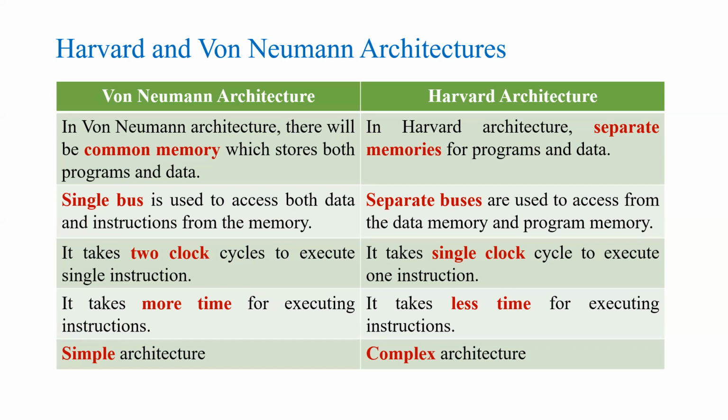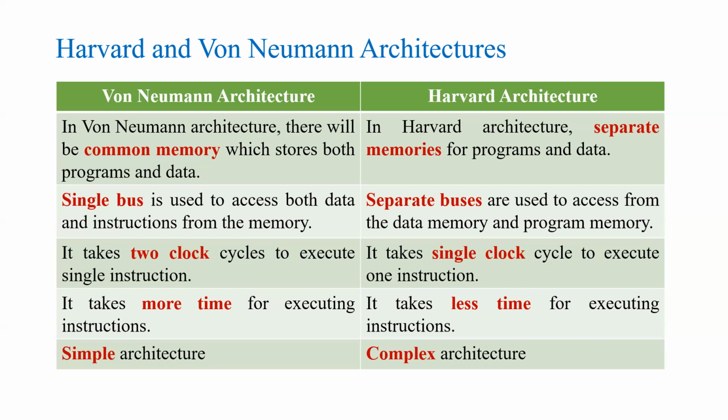This architecture consists of a common memory in the system which can store both the programs and data. But coming to Harvard architecture, we are not using a common memory to store both the data and the programs. We'll go with separate memories, one for programs and another one for data.